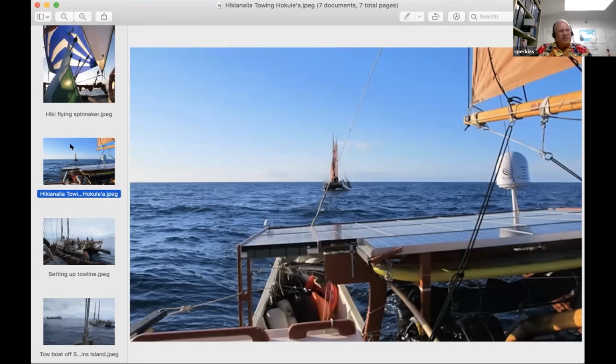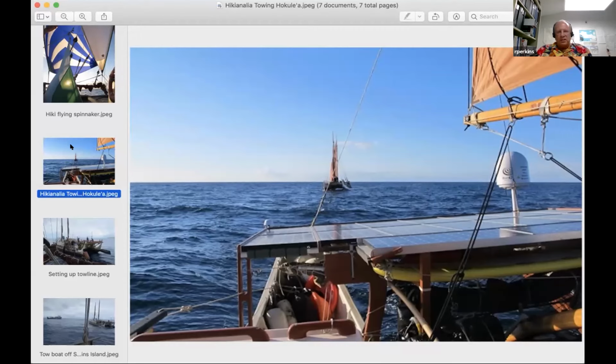So I believe this was going to New Zealand. And we towed Hokulea, I think, for a day and a half. And you can see that the way we towed her is we just put it on the back of the starboard ama. And we towed very slowly. One of the problems, and this was substantiated, is that we just didn't have enough motor power to tow at any given speed.